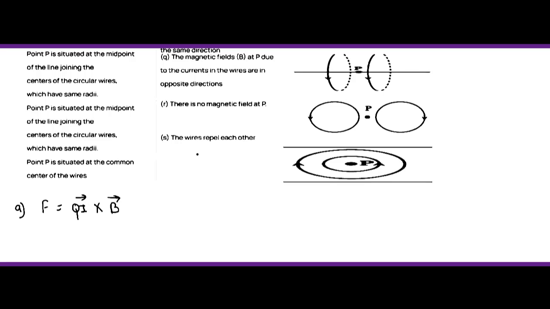So now we can say that by thumb rule, the magnetic field lines at P due to both wires are in opposite directions, and since it's a midpoint, they are equal and opposite.